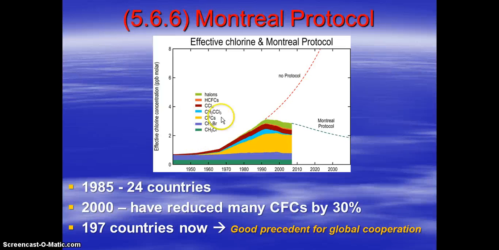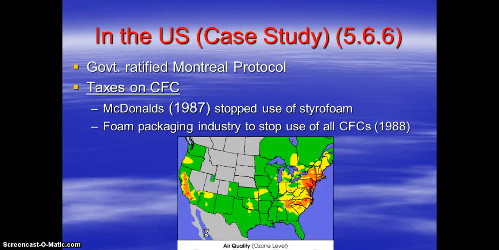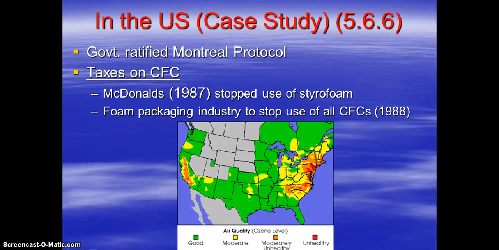And we can see that these are all the types of CFCs that would have originally been produced, and they're starting to decrease. And now more countries are even participating. This is a wonderful example of global cooperation, which normally doesn't happen. Wonderful. In the U.S., we can think about our country specifically.